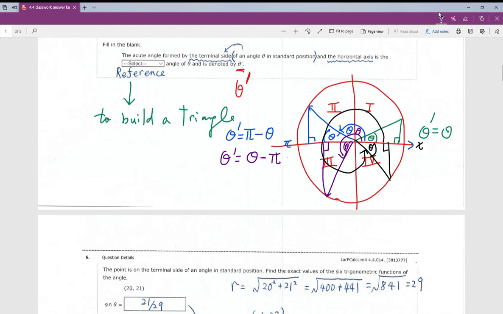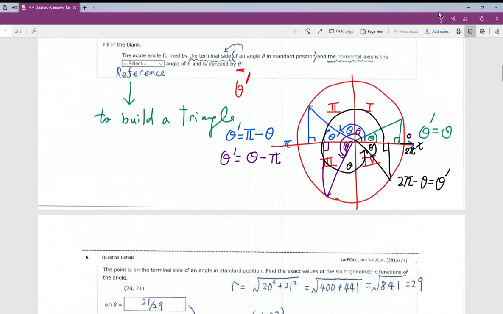So how do you calculate the reference angle? When you start from 0 and keep going one circle back to the same position, you have 2 pi. The whole circle is 2 pi. So 2 pi minus theta will be the reference angle, theta prime.